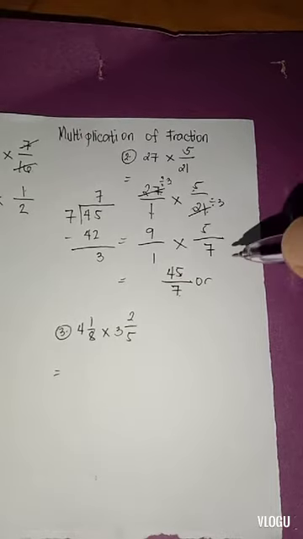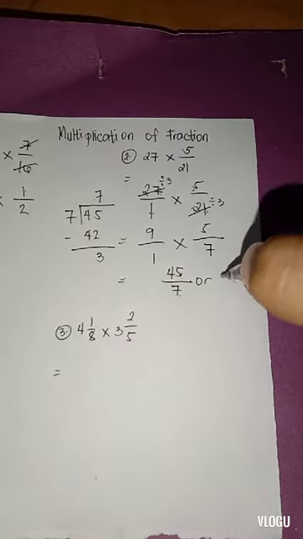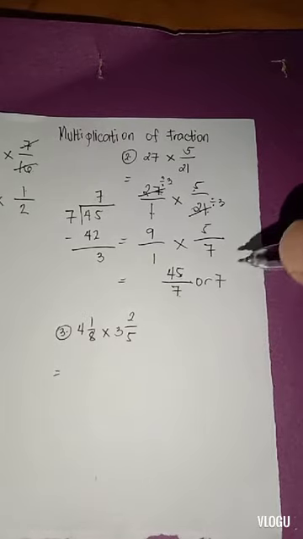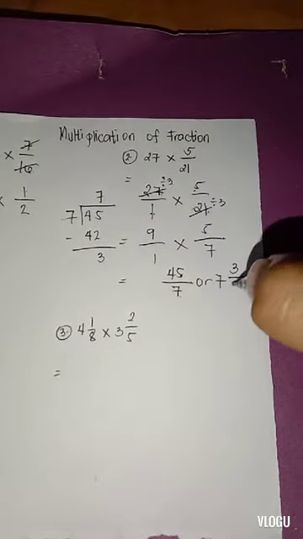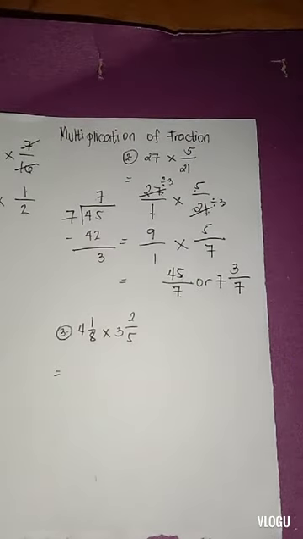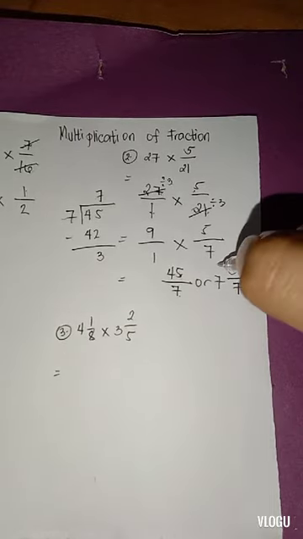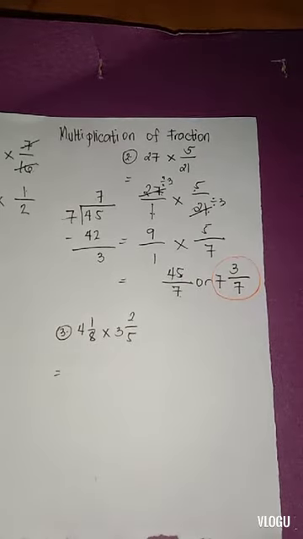So the 7 is our whole number, and then 3 is our numerator, and then 7 is our denominator. So our final answer here is 7 and 3/7. So yan yung ating final answer dito.